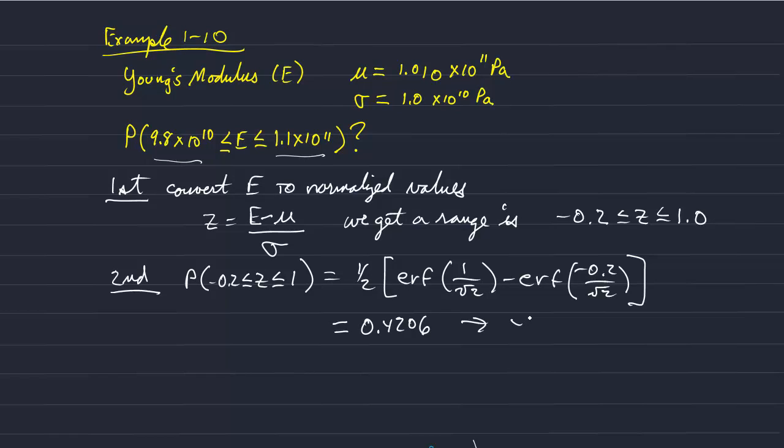So that's 42.06%. We have a 42% chance of finding an olivine with a Young's modulus within this range.